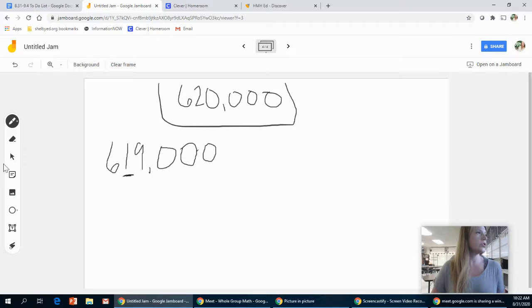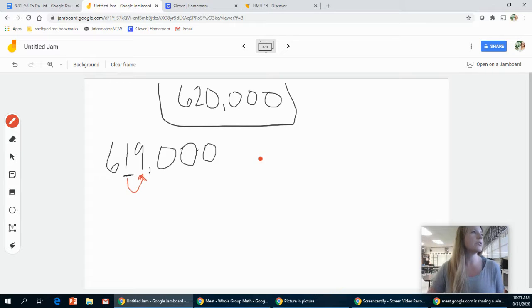So I'm going to draw an arrow to the next number below it, that 9. If I have a 9, does that mean I'm rounding up or down? Yeah, I see some people showing me rounding up, because that 9 is closer to the 10 than it is to the 0. So we are rounding up.